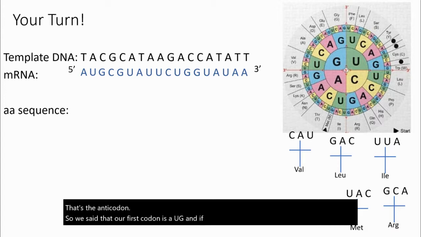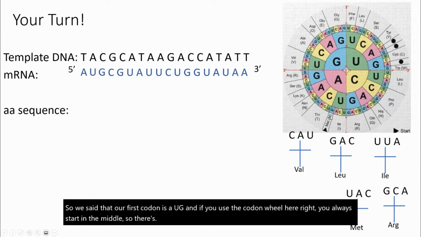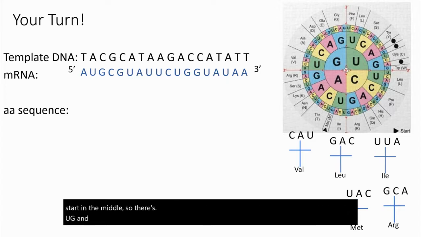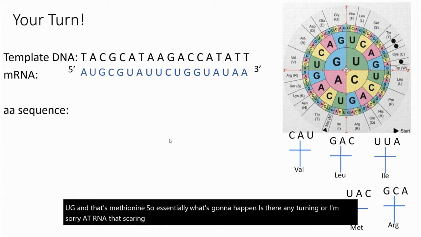So we said that our first codon is AUG. And if you use the codon wheel here, you always start in the middle. So there's AUG, and that's methionine. So essentially what's going to happen is a tRNA that's carrying methionine is like, ooh, that's me. Here I come. And it's going to bind.